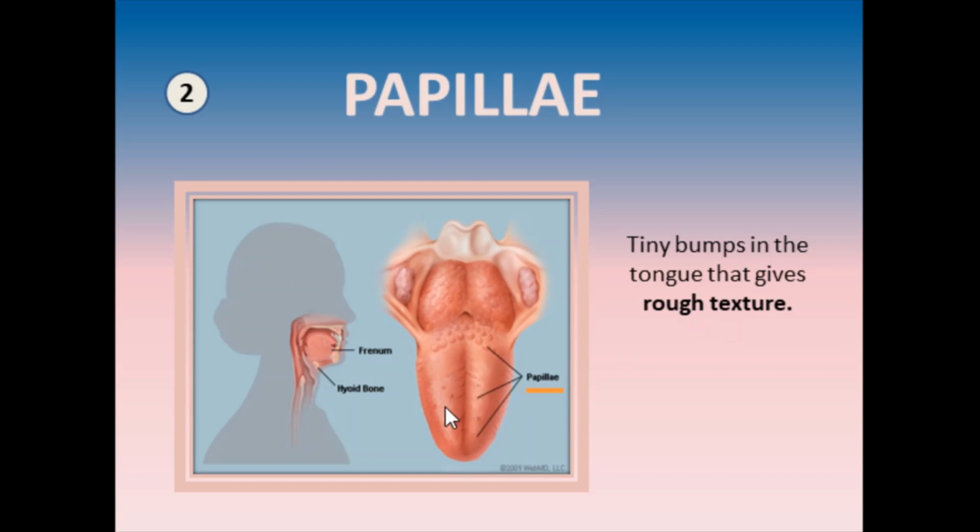The small tiny bumps in your tongue are called papillae. It's P-A-P-I-L-L-A-E. Papillae. Okay, the papillae again are the tiny bumps in the tongue that give rough texture.